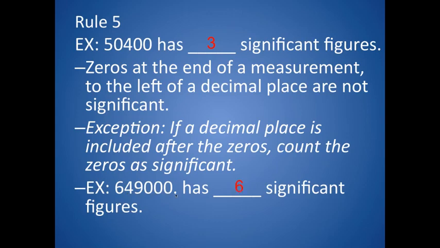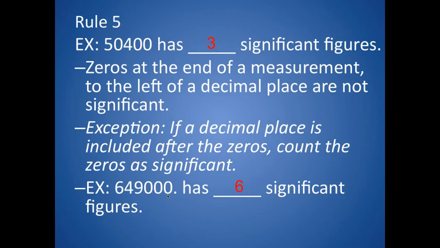This has 6 significant figures. This decimal place makes the zero significant. Up here, no decimal place, so only these are significant. Kind of annoying, I know, but it's just one of those little details. This decimal point is one way to say I measured these zeros and they matter. In this case, no decimal point, it means I only measured up to this 4. So that's my guess. In this measurement, this is the guess.